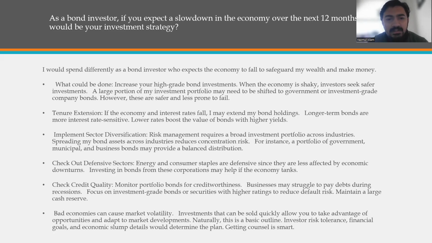Implement sector diversification. Risk management requires a broad investment portfolio across industries. Separating my bond assets across industries reduces concentration risk. For instance, a portfolio of government, municipal, and business bonds may provide a balanced distribution.